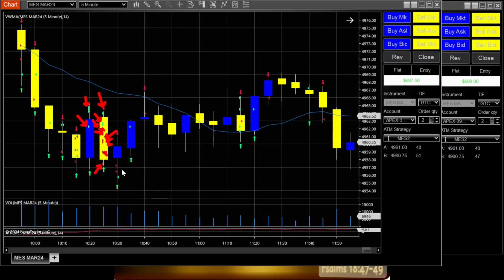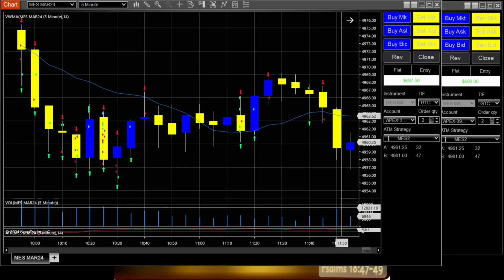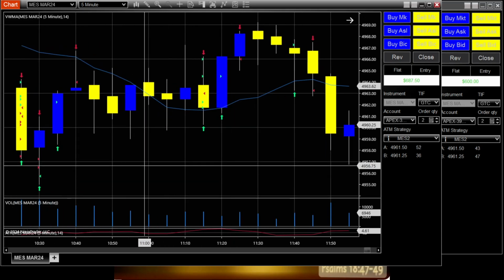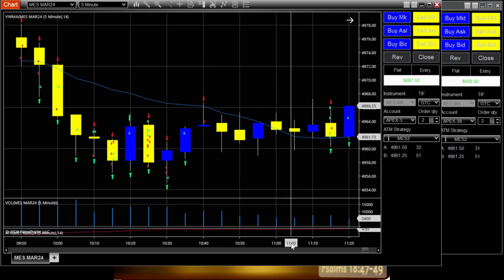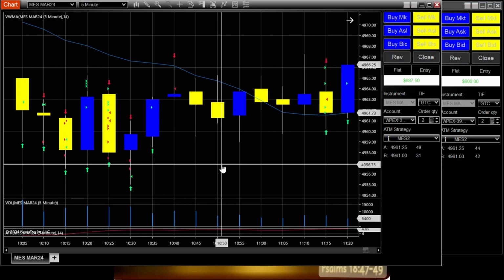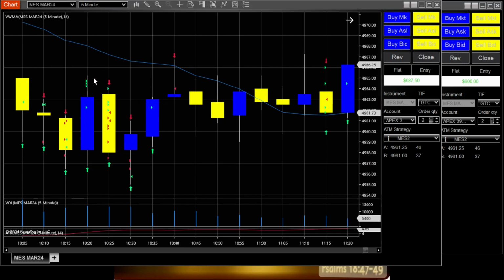Added here, and stopped out right here. I hope you guys can see that. Let me make that a little bigger. You can see this one here: when trying to catch the reversal, I didn't get continuation and eventually stopped out here.